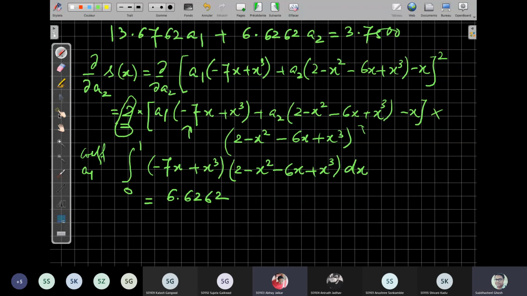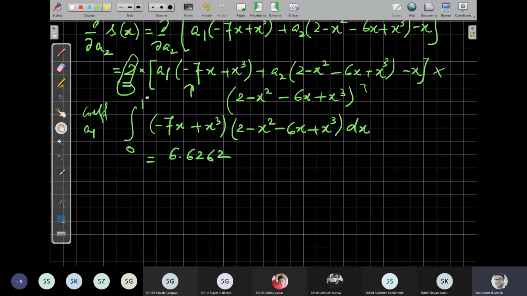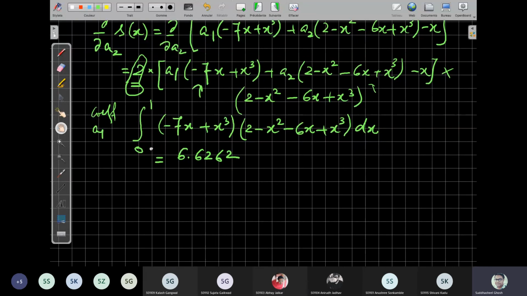Okay, now the next thing is going to be... the board seems to have finished. Anyway, so the coefficient of A2 now. We are going to do 0 to 1.